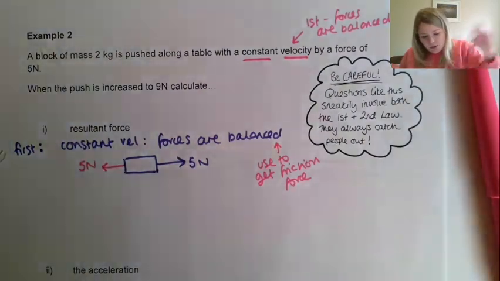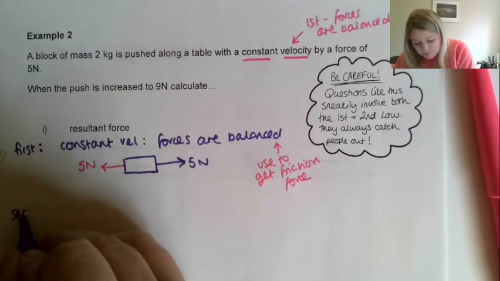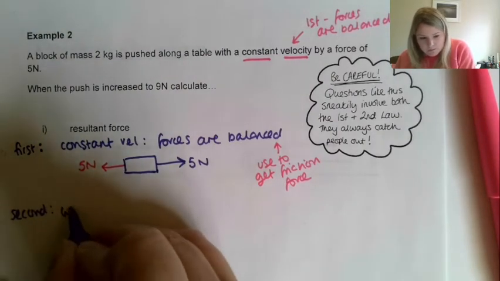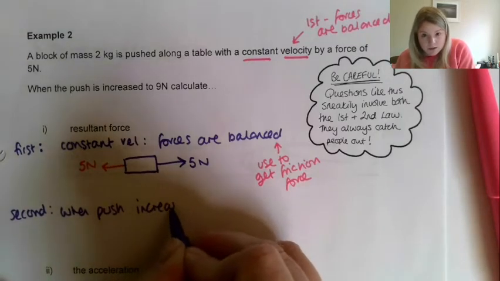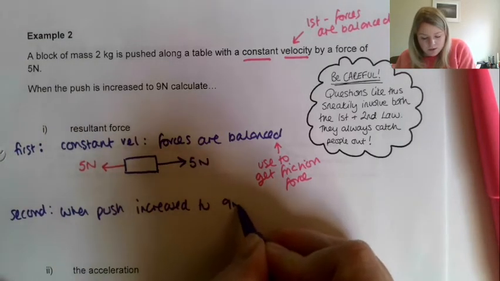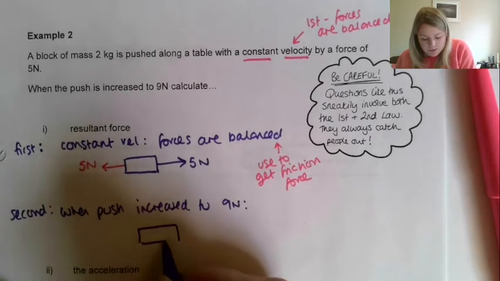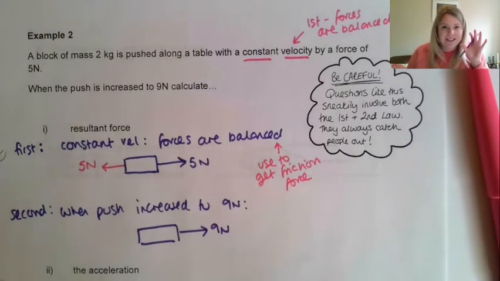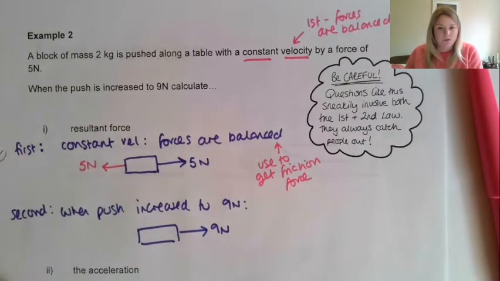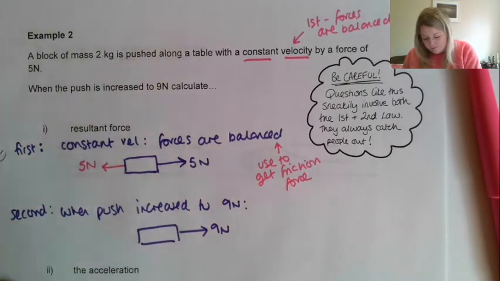When the push is increased, so second, when the push is increased to 9 newtons, here's our scenario. So this 5 is now 9, but we still have the friction force of 5 newtons acting back the way.